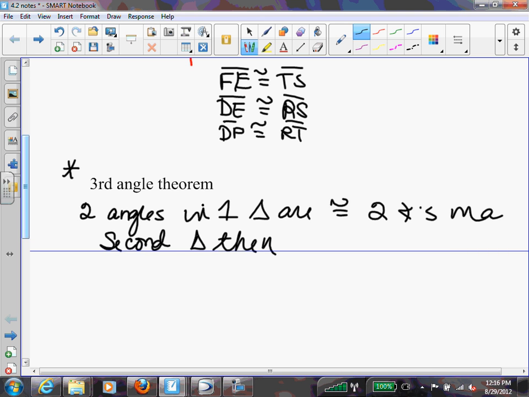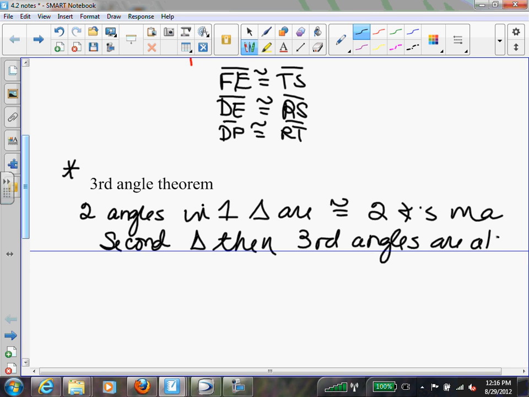If 2 angles in one triangle are congruent to 2 angles in the other, then what are we going to say about the third ones? They have to be congruent too, right? Because they're both out of 180 degrees, both of the triangles, right? So then the third angles are also congruent.